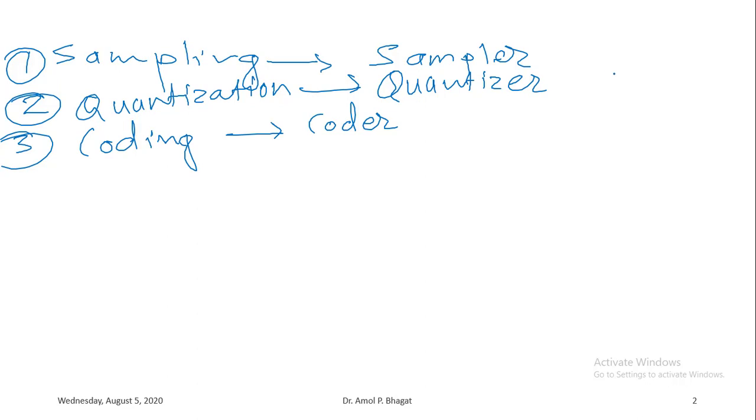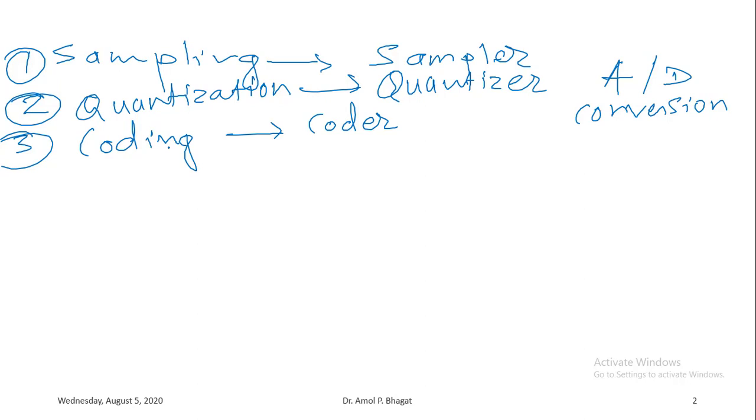Therefore, we use the analog to digital conversion process, which involves three steps: sampling, quantization, and coding, performed by the sampler, quantizer, and coder respectively.